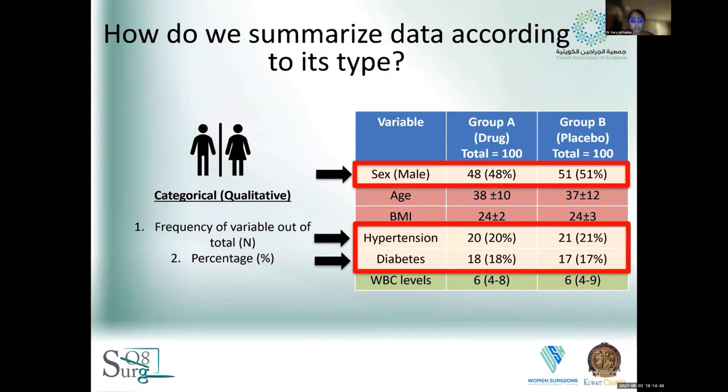For people of male sex, we had 48 and 51, and then you state the percentage: 48% and 51%. Same for hypertension and diabetes, which is how many people had it: 20 out of 21, 18 out of 17, with the percentage in brackets. This is the way you would express it in a research paper.